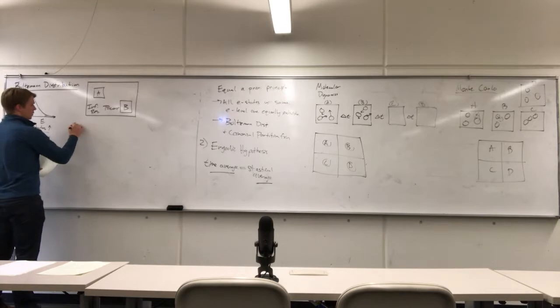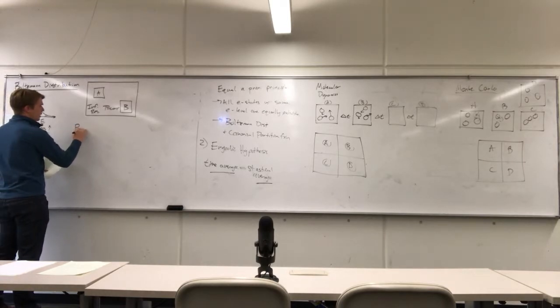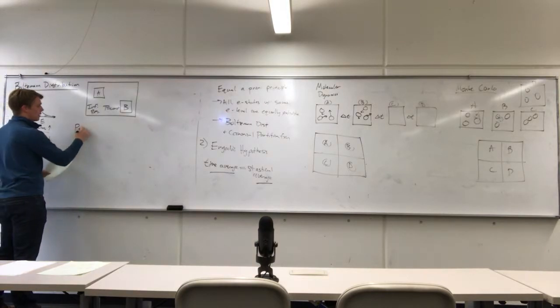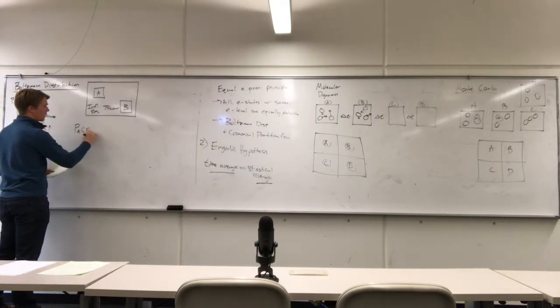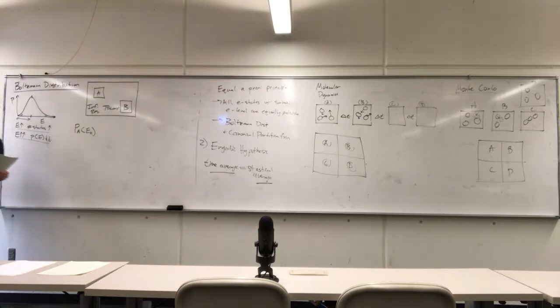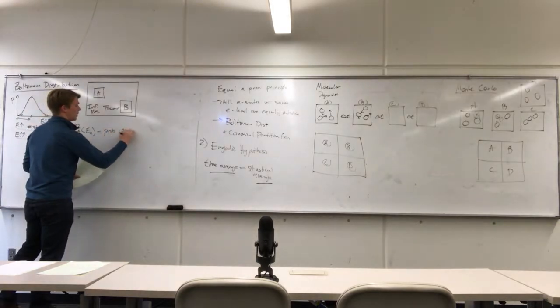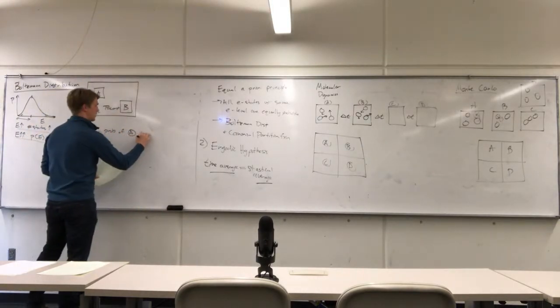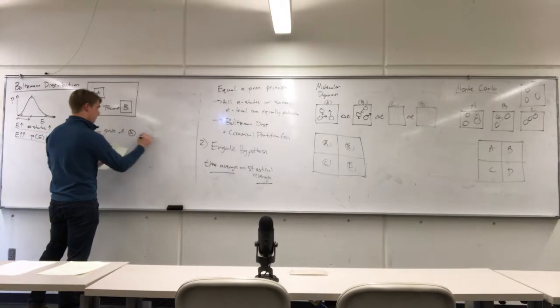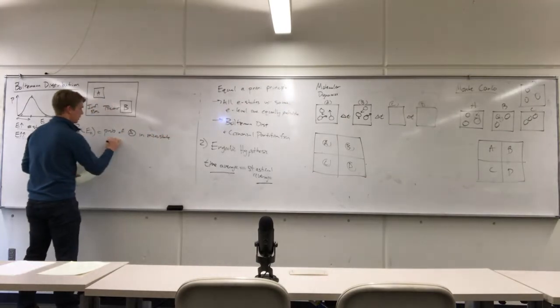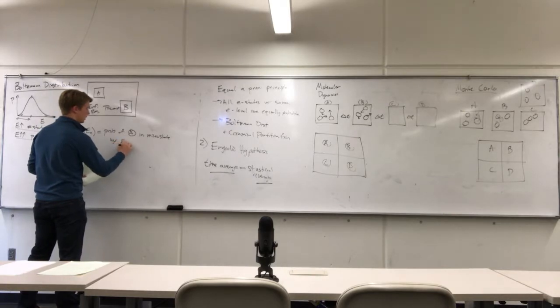So the nomenclature that we'll adopt is that P of A, meaning the probability of subsystem A being in some state with energy E of n. Okay, so this is going to be the probability of system A in a microstate with energy En.